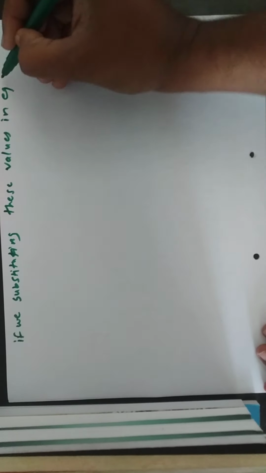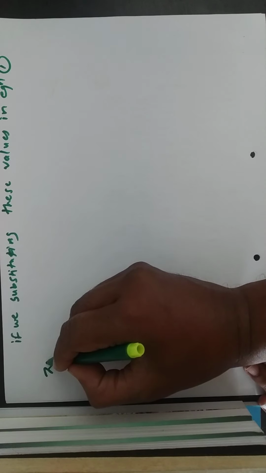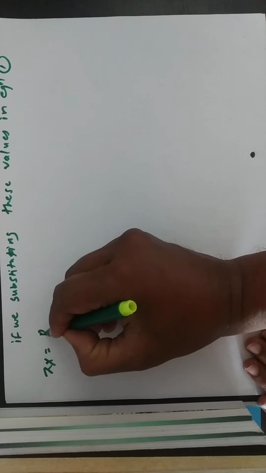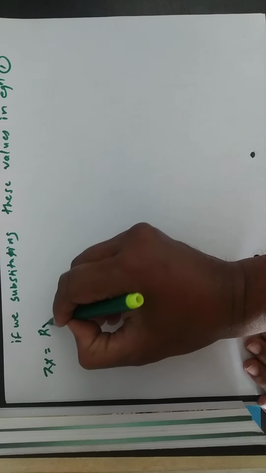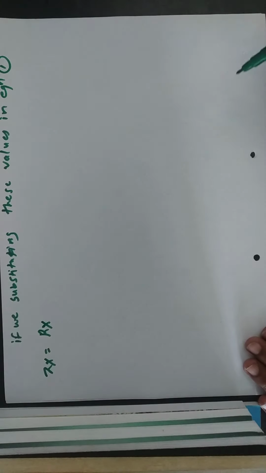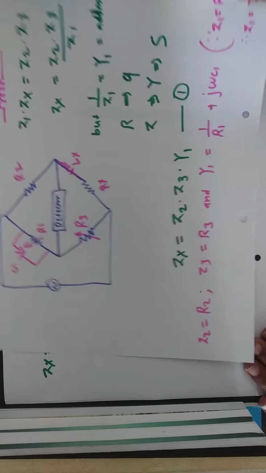If you substitute these values into equation 1, you get another equation. Zx is nothing but Rx plus j omega Lx.